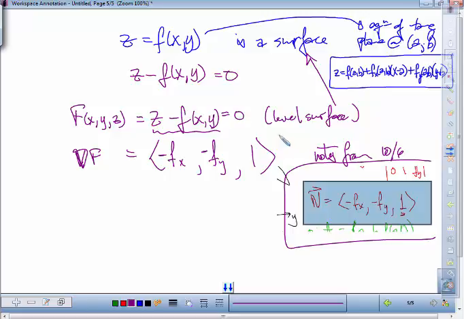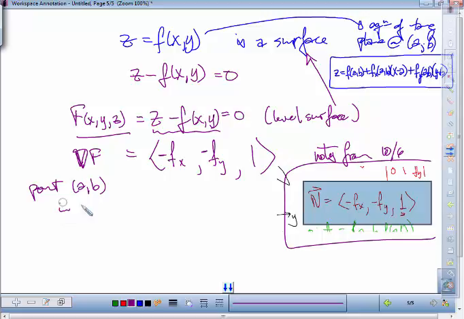So according to the formula that we just came up with, we need a point. A, B is just a two-dimensional point, but if this is in 3 dimensions, we need to put that third value in there.